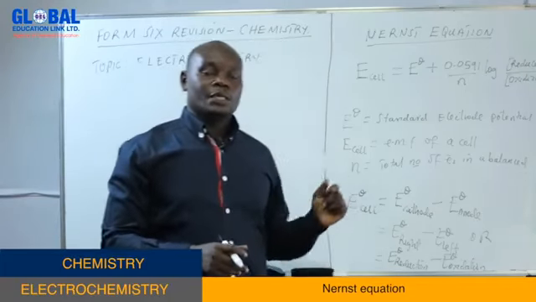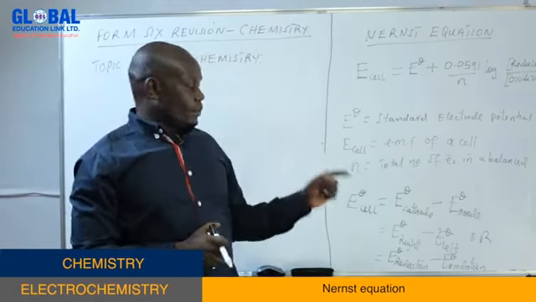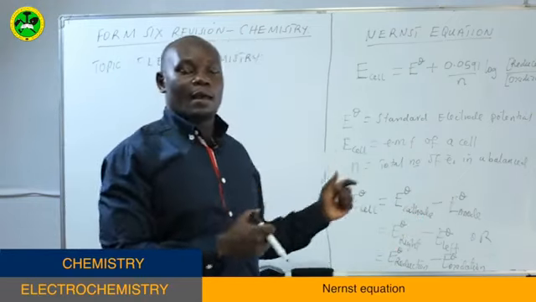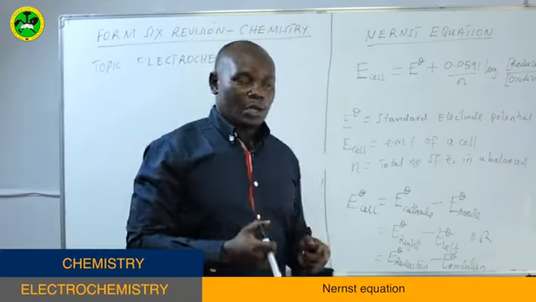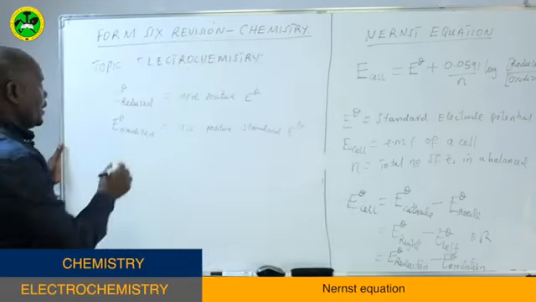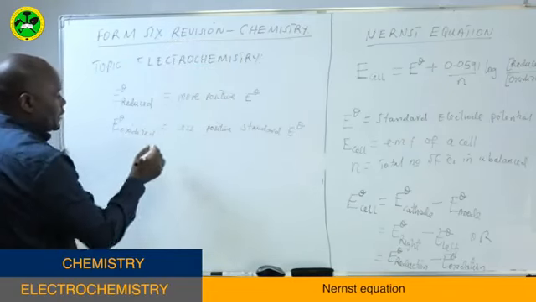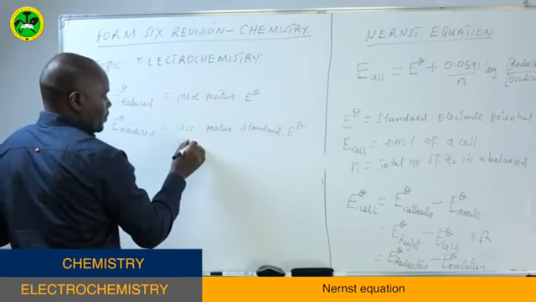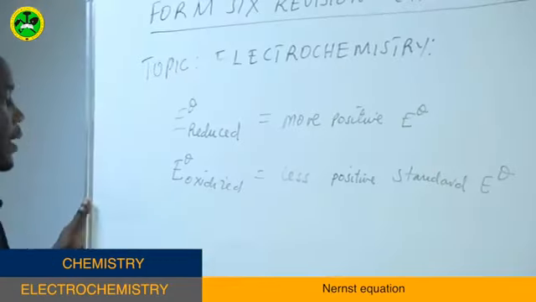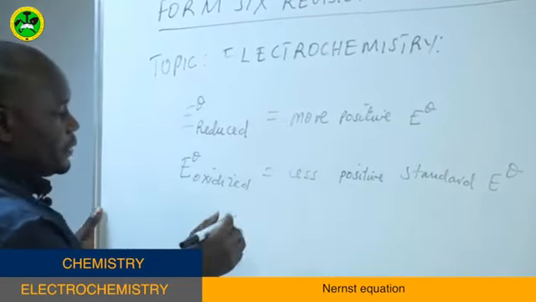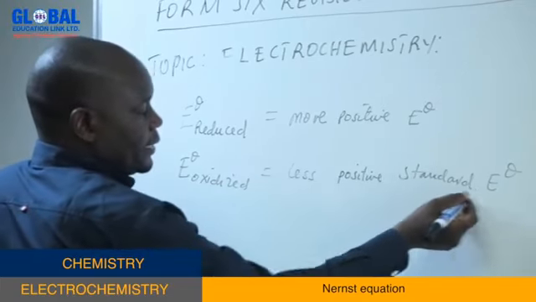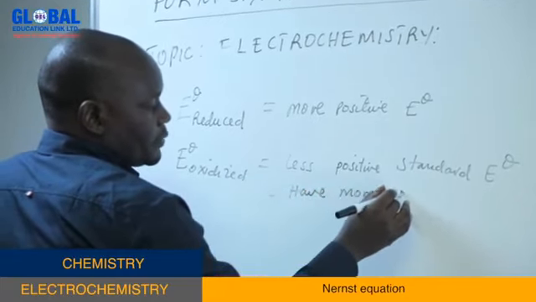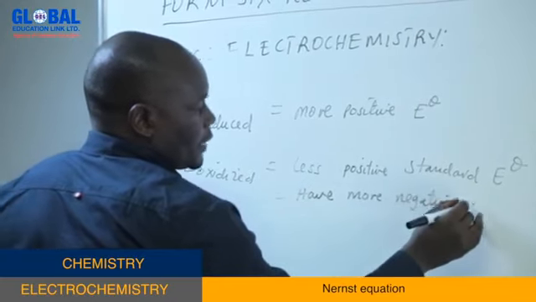And the species which is reduced is the one with the less negative or higher positive standard electrode potential.